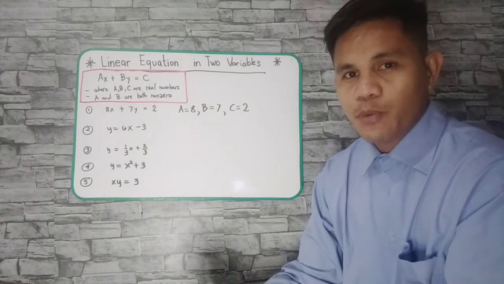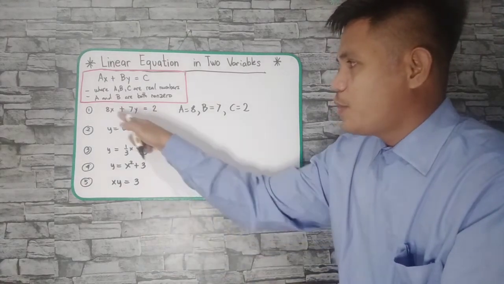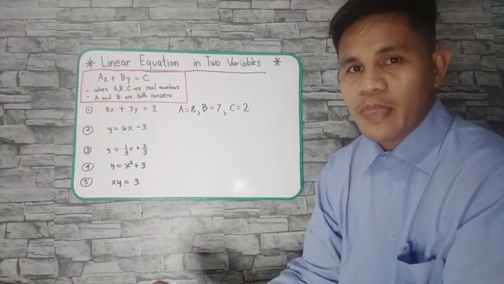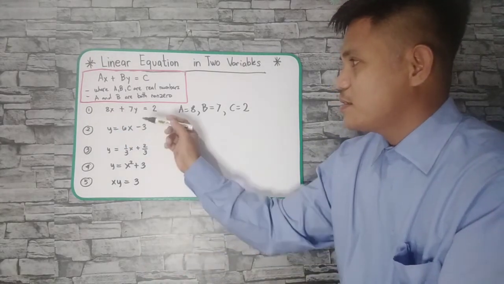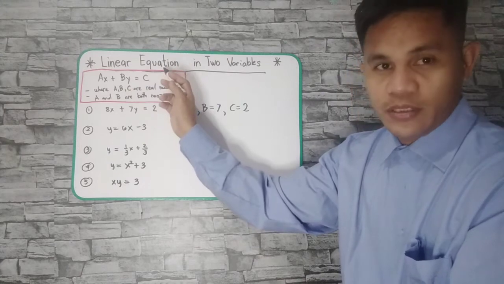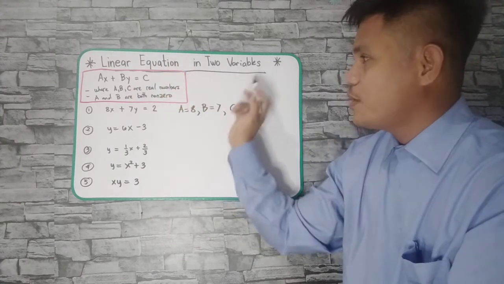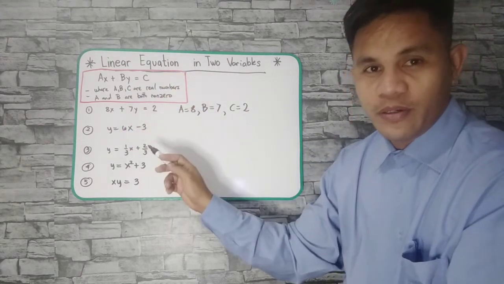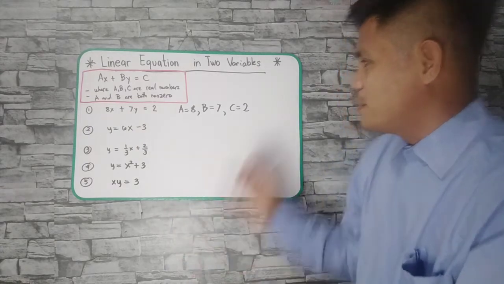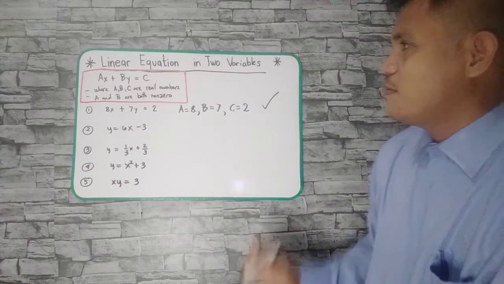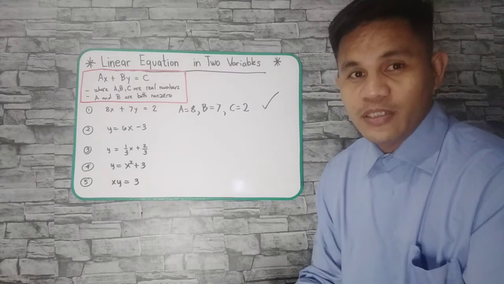Remember that if the exponent of each variable is 1, that is an example of a linear equation in two variables, so it has x and y. So this is an example of a linear equation in two variables.